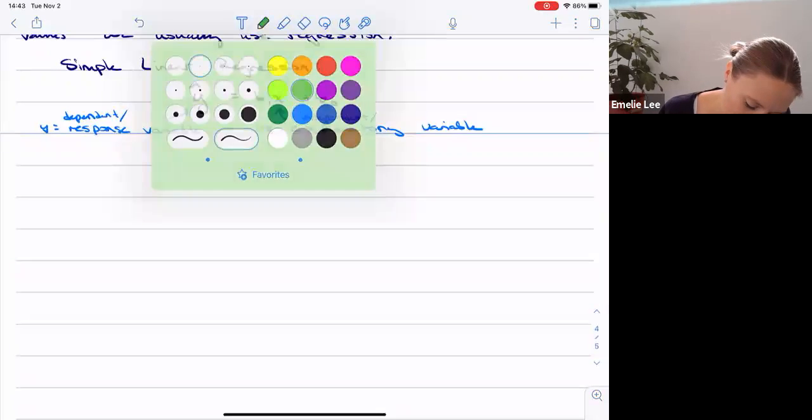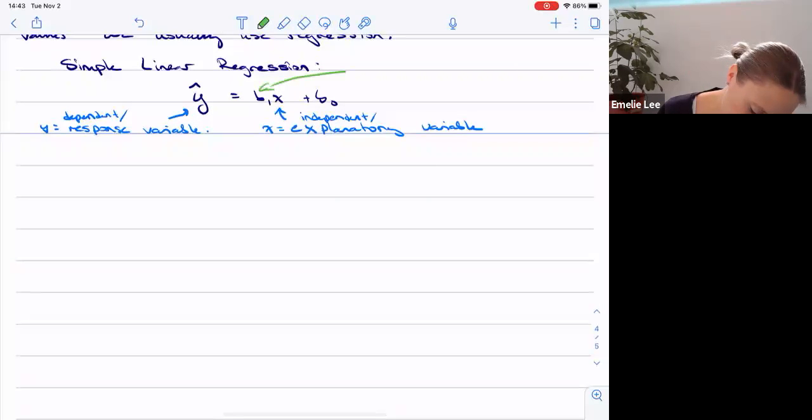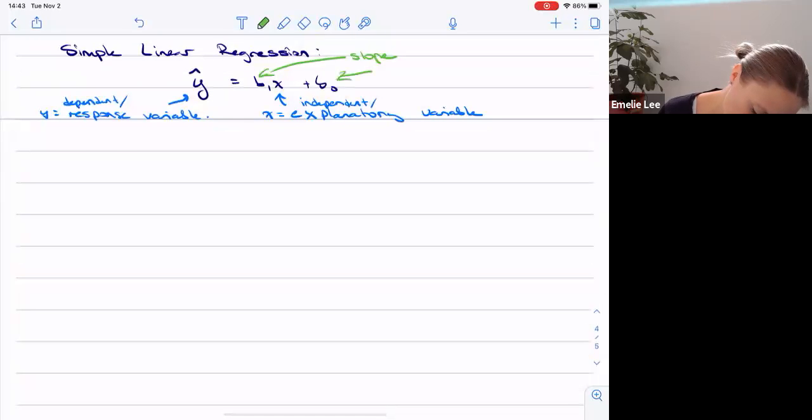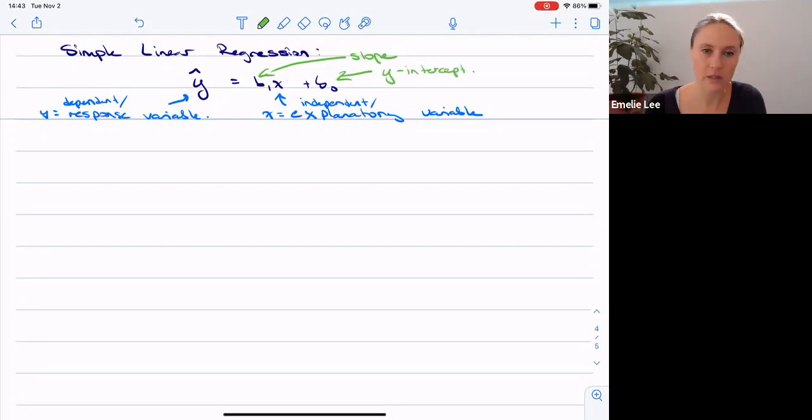And then we have b1 is the slope, and b naught is the y-intercept. We would use software to find the slope and the intercept and estimate them.